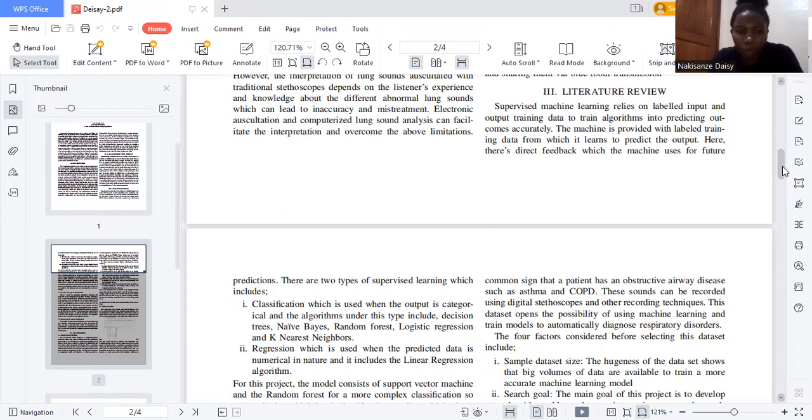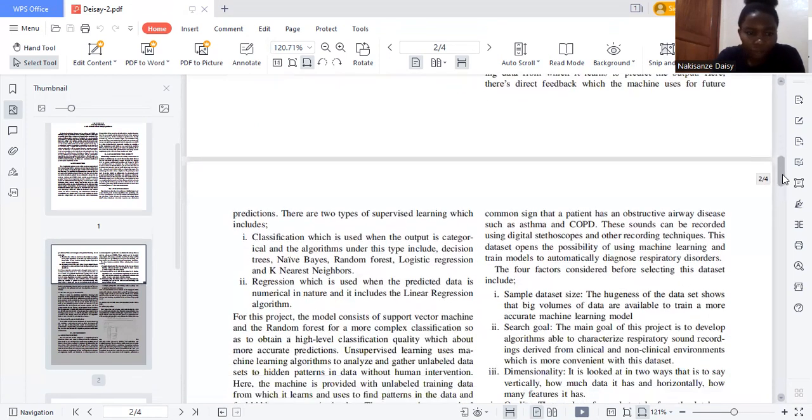I have two types of supervised learning: classification, which is used when the output is categorical, and regression, which is used when the data is numerical in nature. Some of the algorithms used under this technique are naive Bayes, random forest, logistic regression, k-nearest neighbors, and linear regression, to mention but a few.